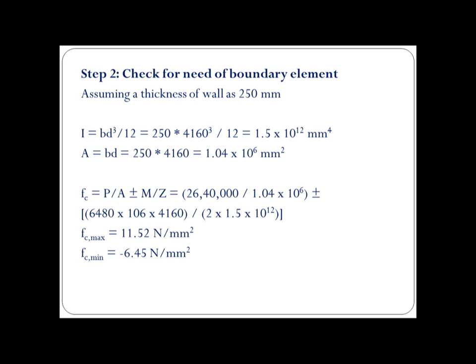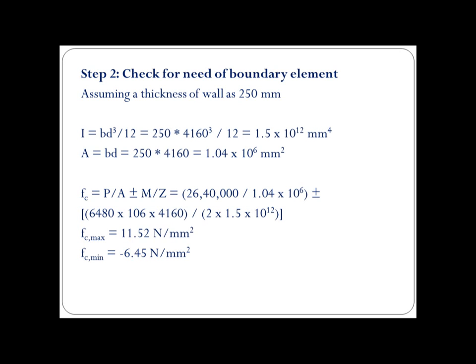Initially we are taking it as a rectangular wall with no boundary element. We need to check the compressive stresses there, the bending compressive stresses. 4160 will be the depth. So we get the I value as 1.5 into 10 power 12 mm^4, and A equals B into D, so 1.04 into 10 power 6 mm squared.